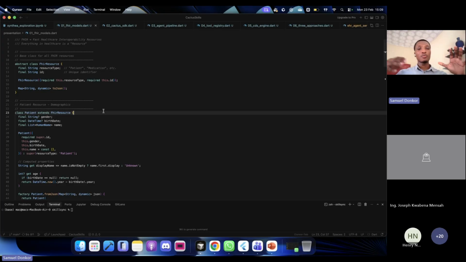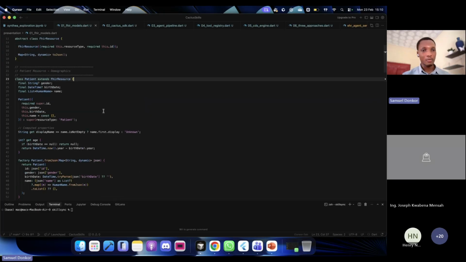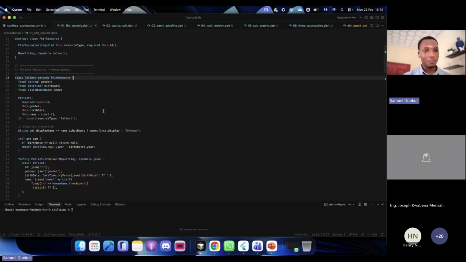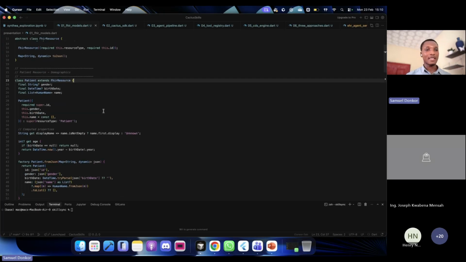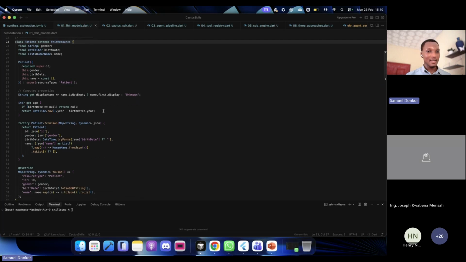So there are libraries that help you do this very seamlessly, but I want us to pop the hood up and look deeper into what is happening in the backend, right? So you define the ID, the gender, the date of birth, the name, and all that, right? And if you want some accumulated information, like the full name, you accumulate or concatenate them, right?